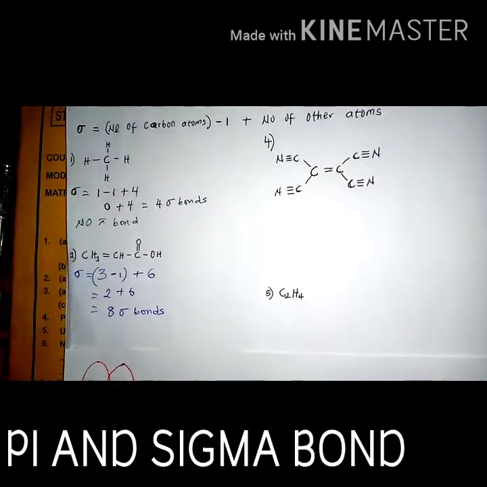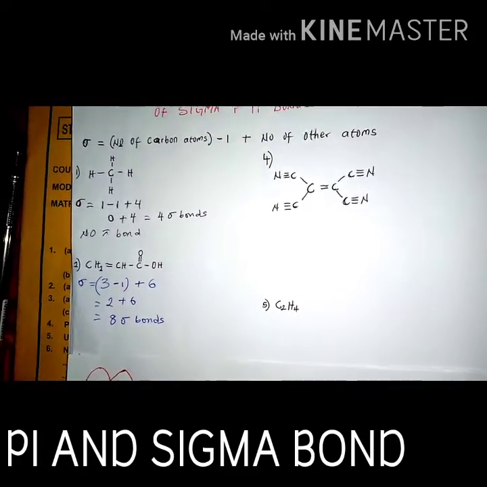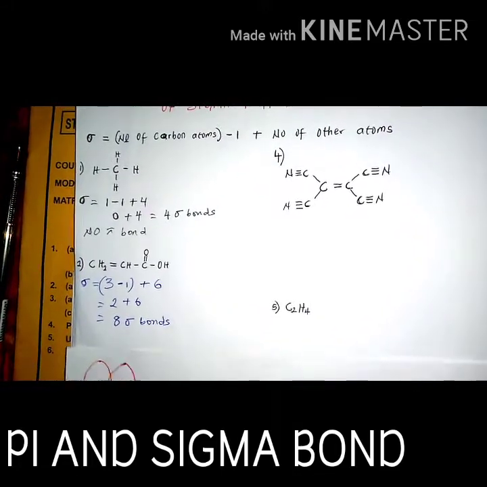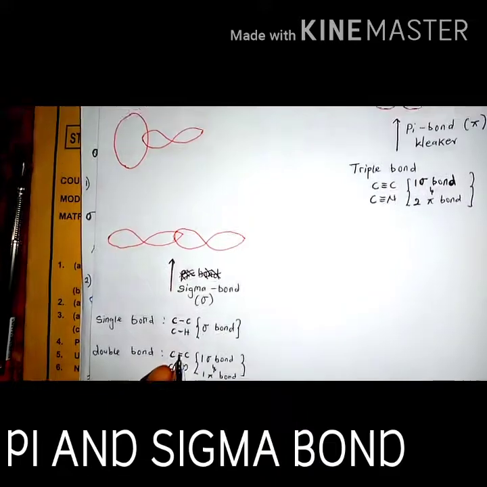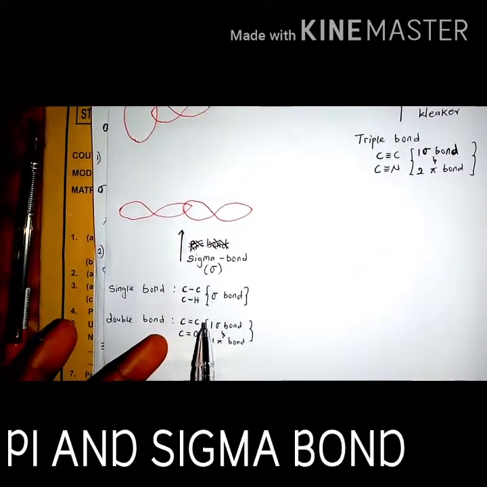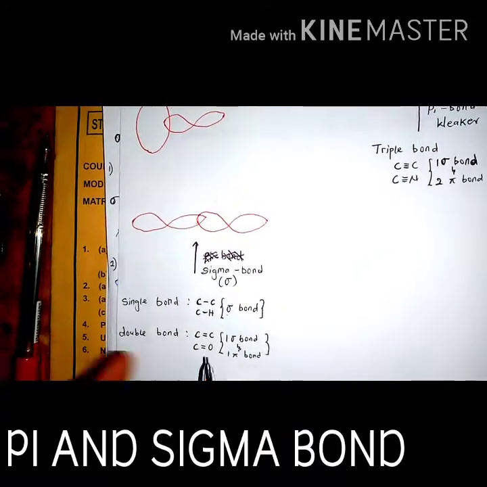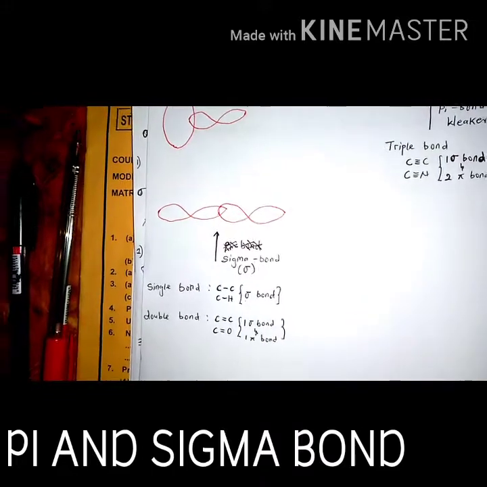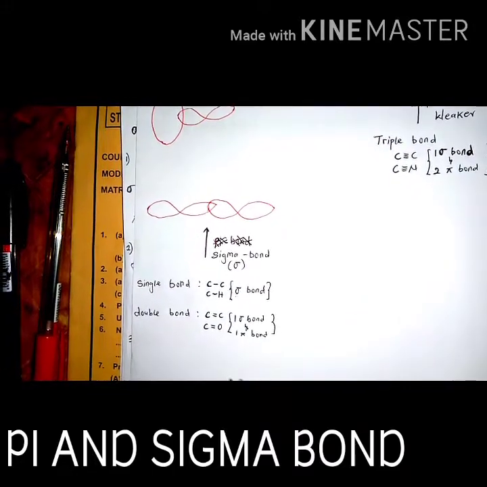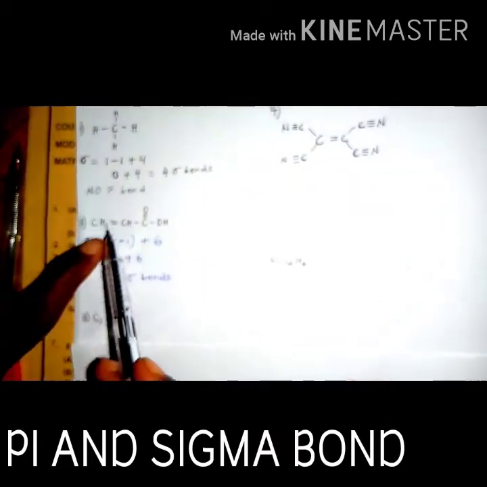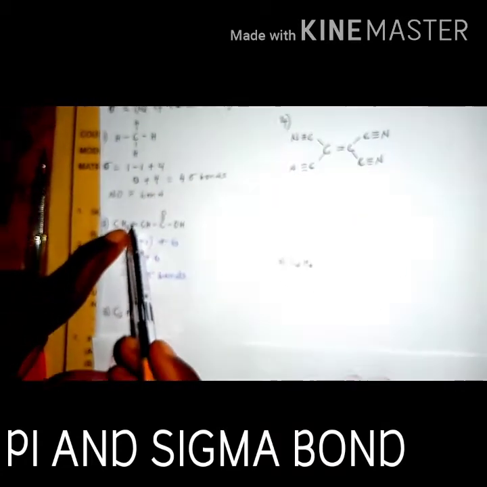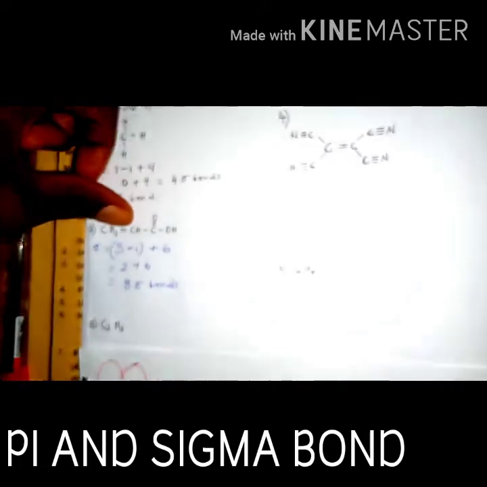Now how many pi bonds do we have here now? I told you earlier that whenever we have double bonds in between 2 carbon atoms or in between carbon and oxygen, one of them is a pi bond, then the other bond is what? A sigma bond. So come back to this place again. I have two bonds here, so one of them should be a pi.